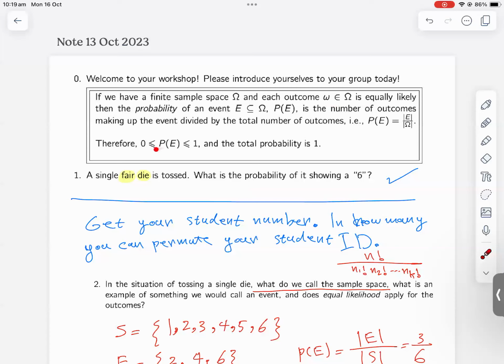The sample space for this one is S = {1, 2, 3, ..., 6}, and the desired event E will be just {6}. So the cardinality of E will be 1, and the cardinality of the sample space S will be 6. So 1/6 is the answer of this one.